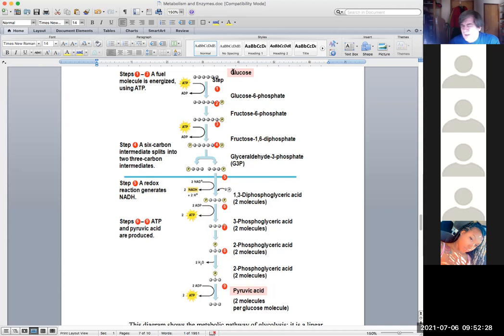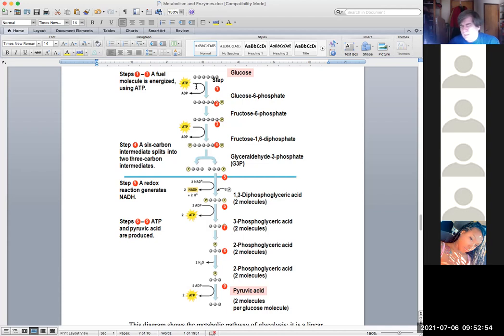Now, where did we get the phosphate? We got it from ATP. Glucose reacted with ATP. Remember, ATP is adenosine triphosphate. It has 3 phosphate groups. ATP loses a phosphate group, so it's ADP at the end, adenosine diphosphate, and di means 2. So we've gone from 3 phosphate groups in ATP to only 2 in ADP.